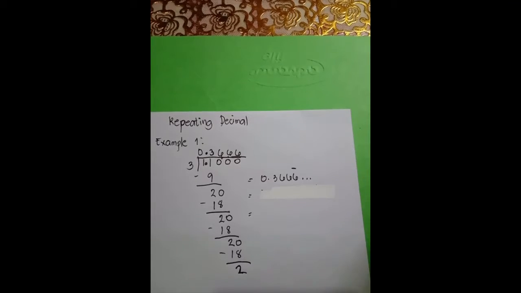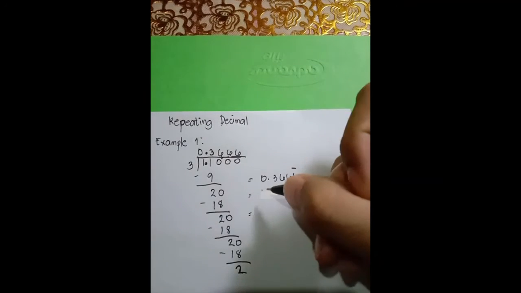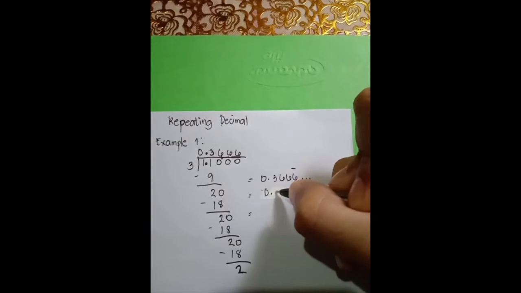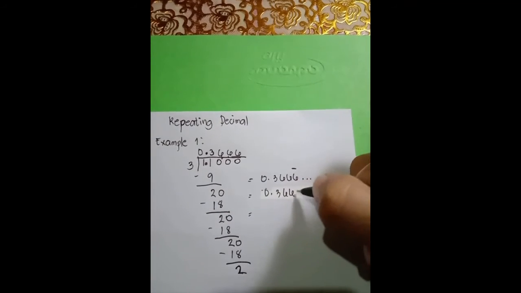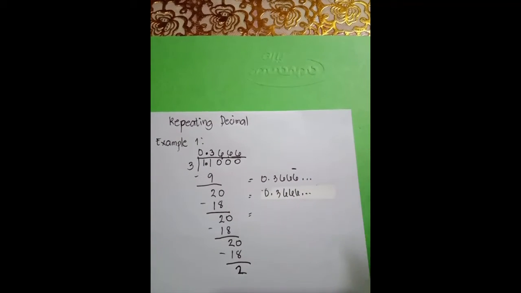So now, the next step is we will multiply the decimals by 100%, since our discussion now is percentage of increase and decrease. So 0 and 3, 6, 6, 6 repeated, so on.